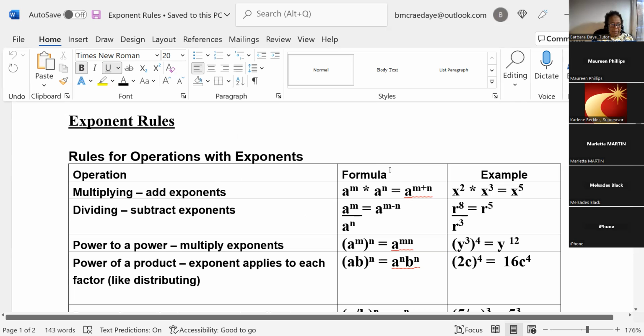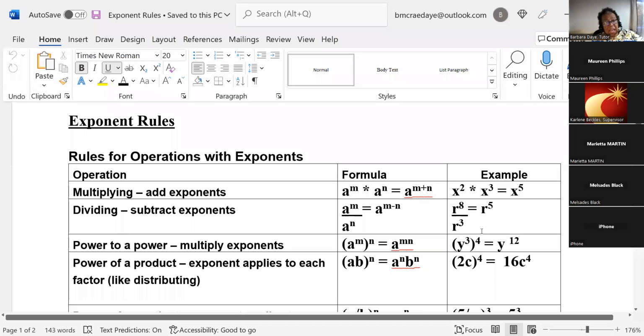All right. Now, these two, I'll give you something to work with. I'll give you some examples. I mean, some actual multiplication and division parts of your assignment. And just remember, multiplication, you add the powers, division, you subtract.